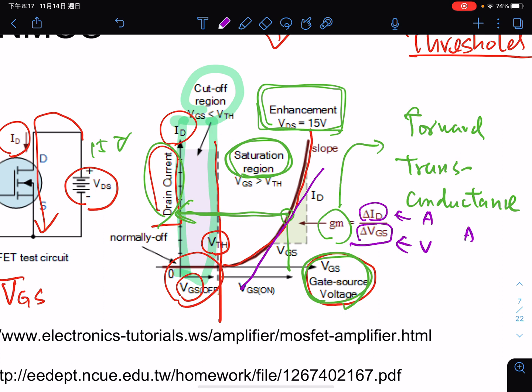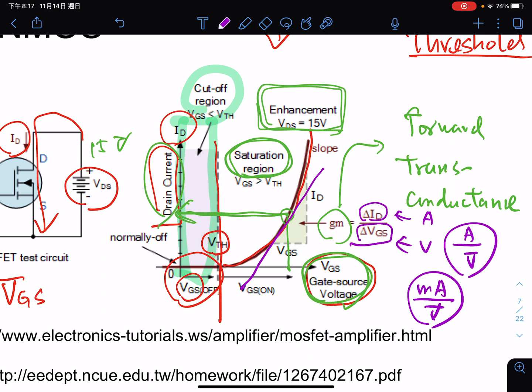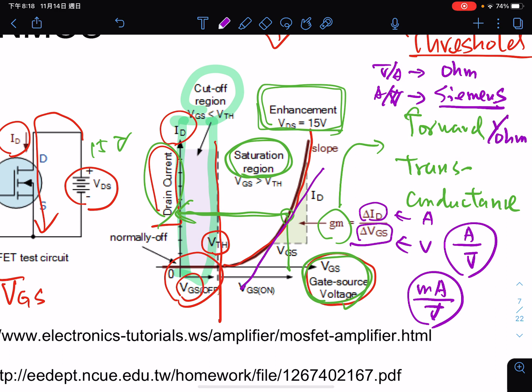So its unit is ampere divided by volt, or sometimes milliampere divided by volt. Volt divided by ampere would be the ohm, right? But ampere divided by volt, we call the unit Siemens, which is usually 1/ohm.